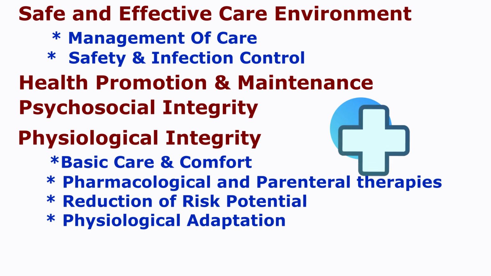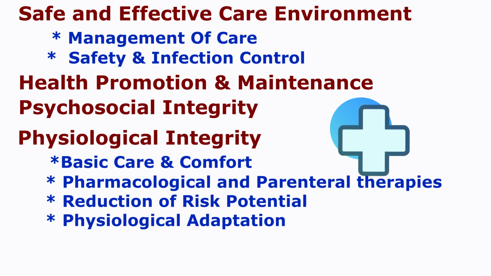Under that, we have nothing; it's just health promotion and maintenance. Then we have psychosocial integrity by itself. We have physiological integrity, and under physiological integrity, we have basic care and comfort, pharmacological and parenteral therapies, reduction of risk potential, and physiological adaptation.